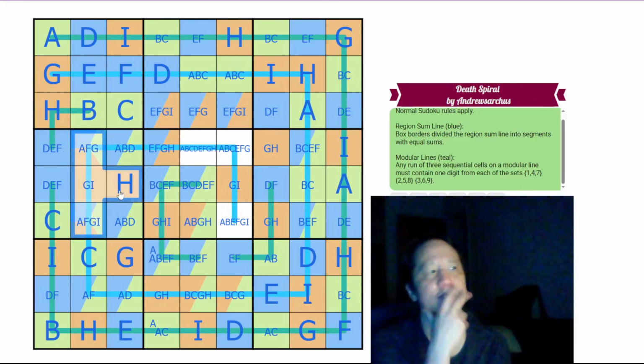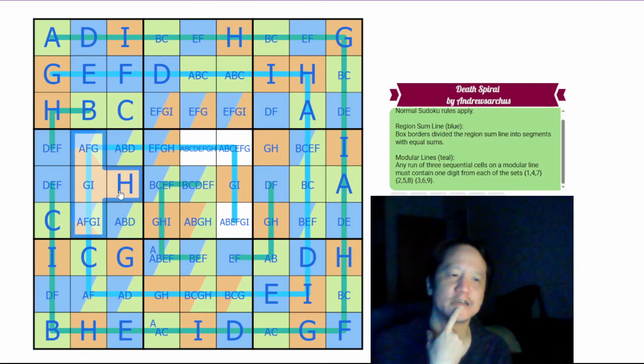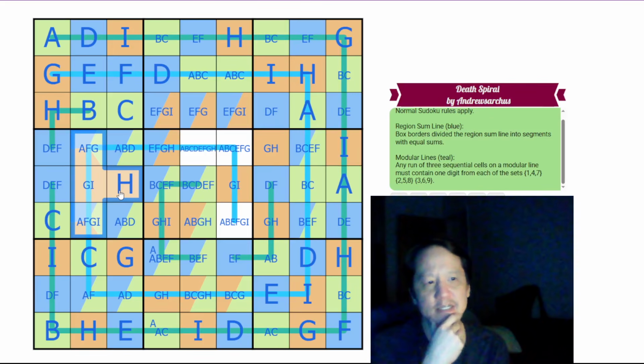Oh, actually, that's not a contradiction, is it? That's the only scenario where it could work. Dang it. I was hoping that would lead to a contradiction, because that would simplify things a lot. But I think we have to go deeper, unfortunately, into this.